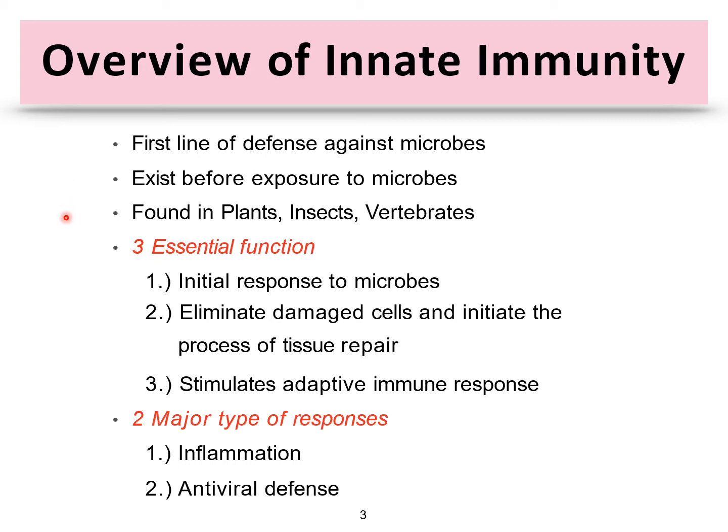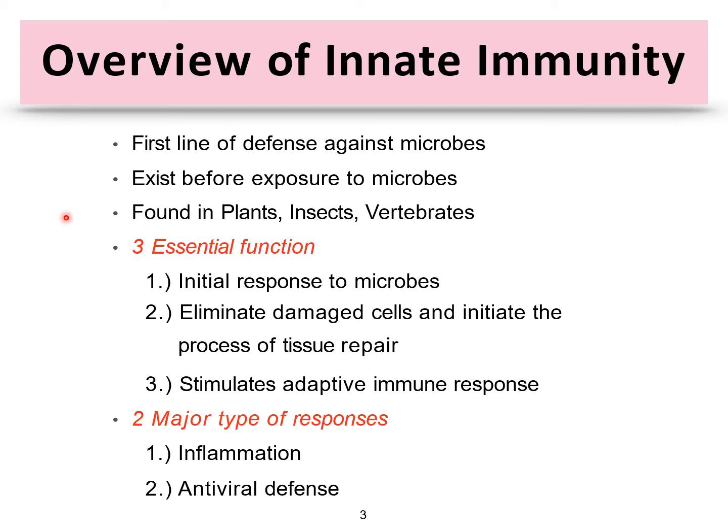And there are three essential functions: initial response to microbes, it eliminates damaged cells and initiates the process of tissue repair, and it stimulates adaptive immune response. Okay, so the three essential functions of innate immunity are: it is the initial response to microbes entering into our body, it eliminates the damaged cells and initiates the process of tissue repair, and it stimulates adaptive immune response.